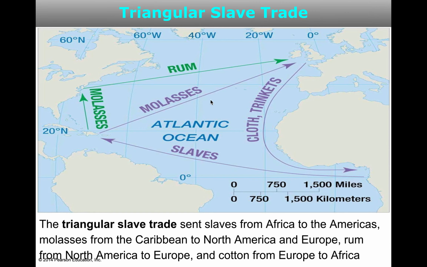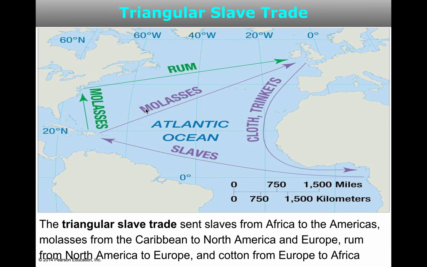Again, ships left Europe for Africa, bringing clothes and other goods to buy in exchange for slaves. Then they shipped the slaves across the Atlantic, and the ships would then go to the Caribbean.